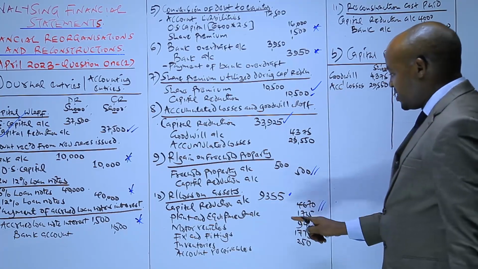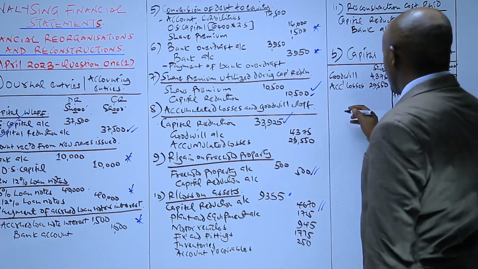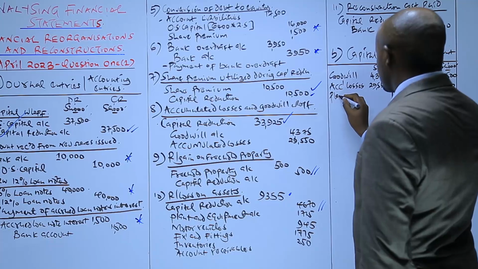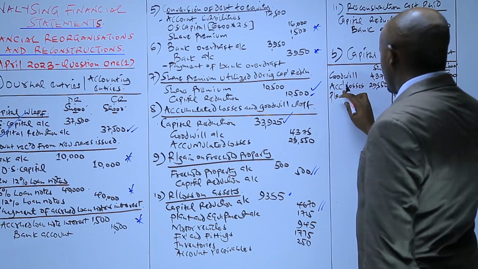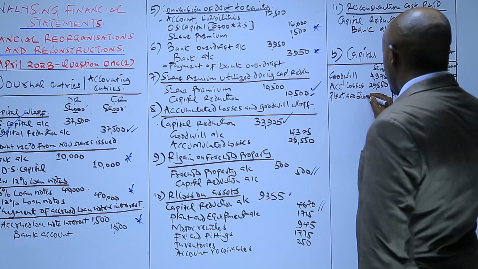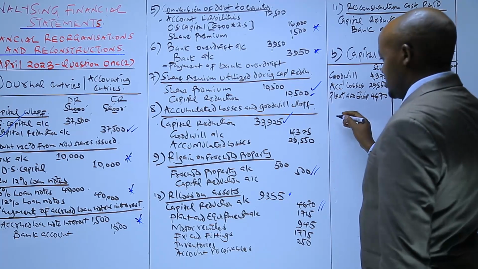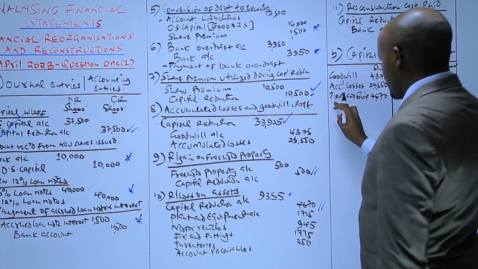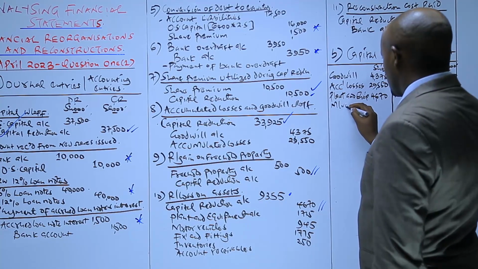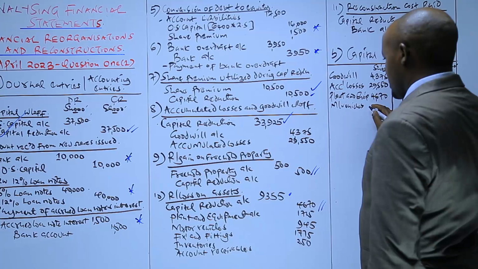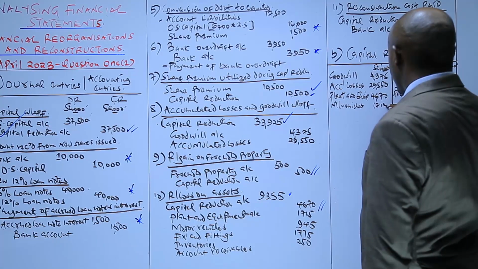But we need to split this. One of the entries will be in the plant and equipment account, with an amount of 46.70. The other entry is in the account called motor vehicles, with a figure of 17.15.